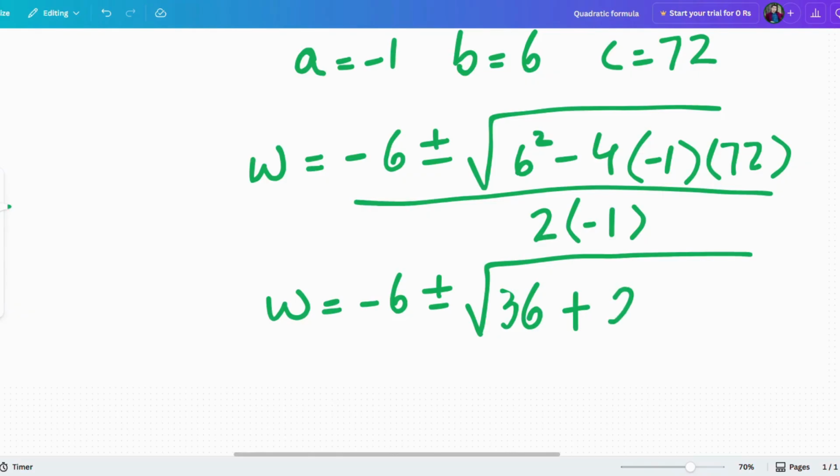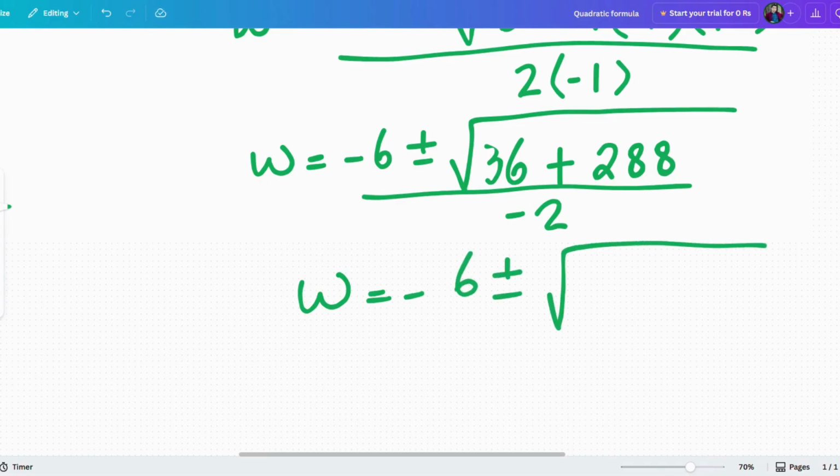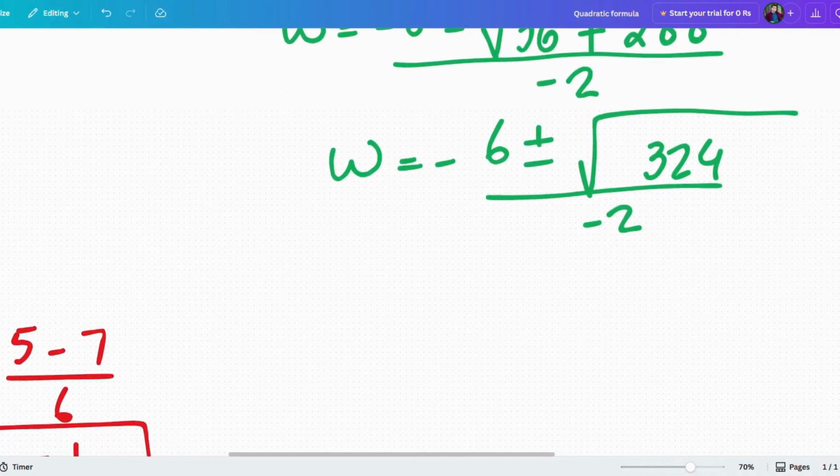So 4 times 72 is equivalent to 288, and all of it divided by negative 2. Now w is equivalent to minus 6 plus minus radical 36 plus 288, which is 324, divided by 2 with a negative sign. So now I will take the radical of that value, 324, which is equivalent to 18.